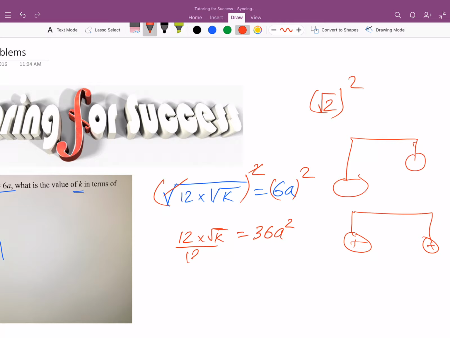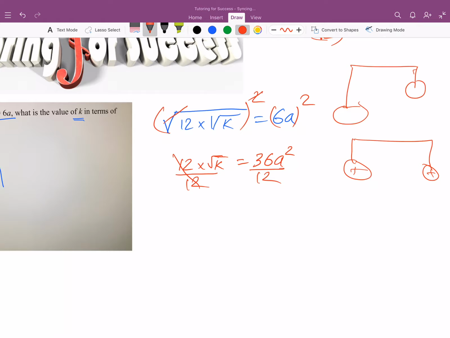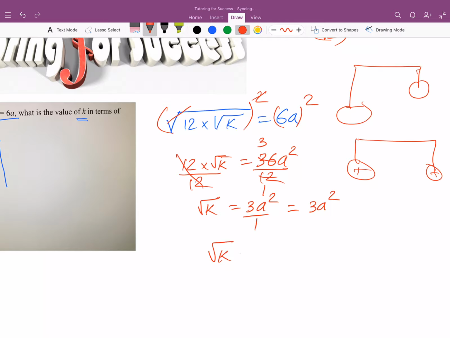So what I do is divide by 12 on both sides. That will cancel, so I have radical k on this side. There is 1 twelve that goes into 12, and there are 3 twelves that go into 36. 3a squared over 1 is basically 3a squared. So radical k equals 3a squared.